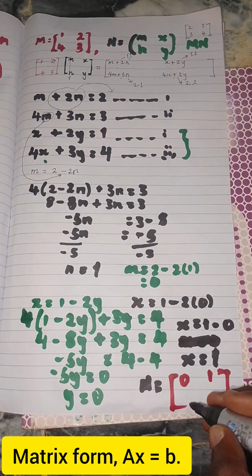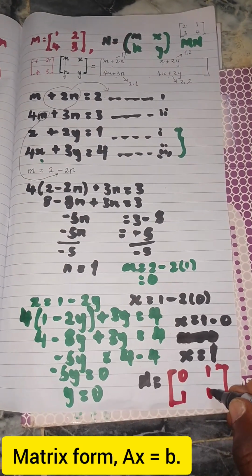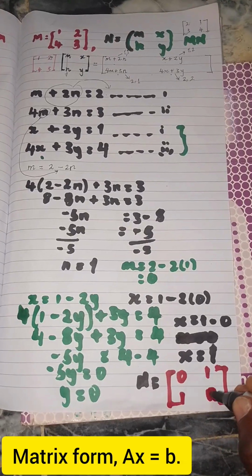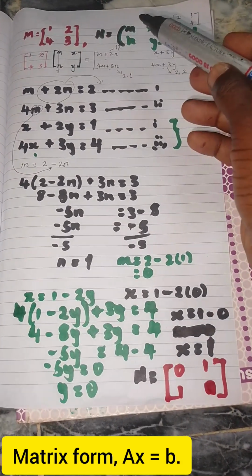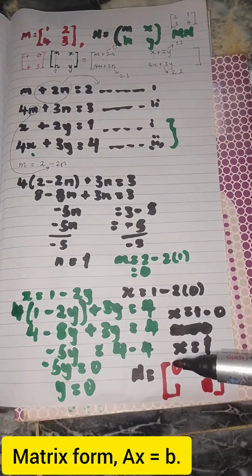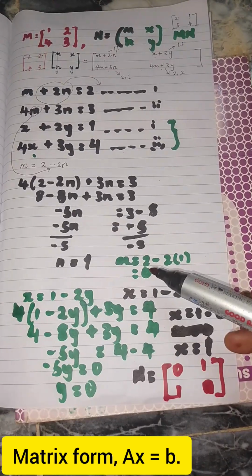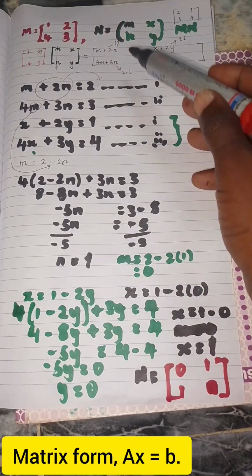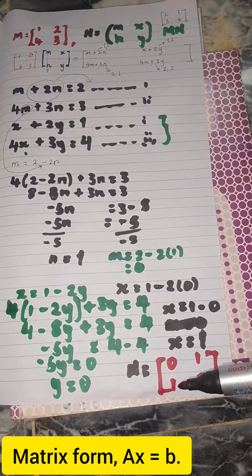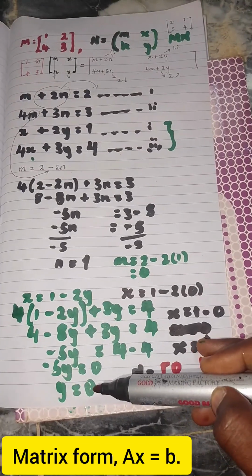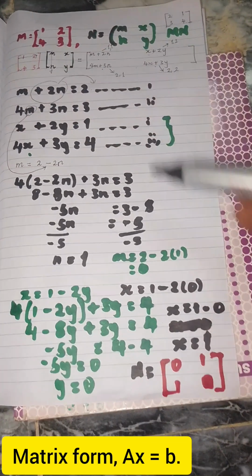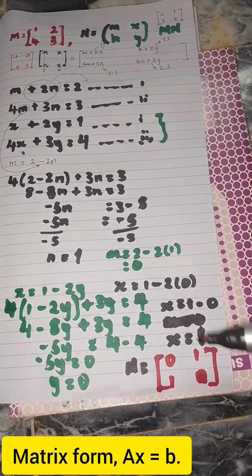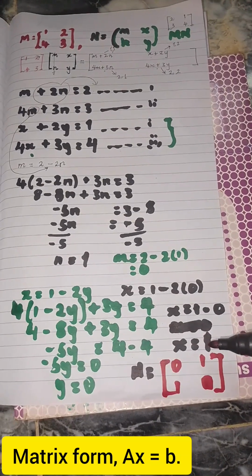You can see m is 0, n equals 1, y equals 0, x equals 1. These are the elements.